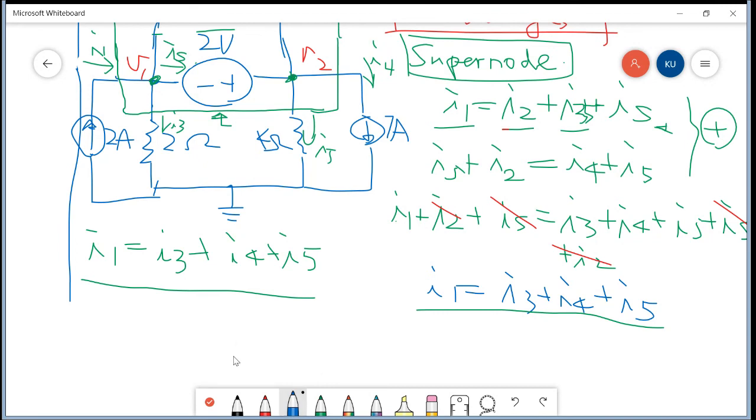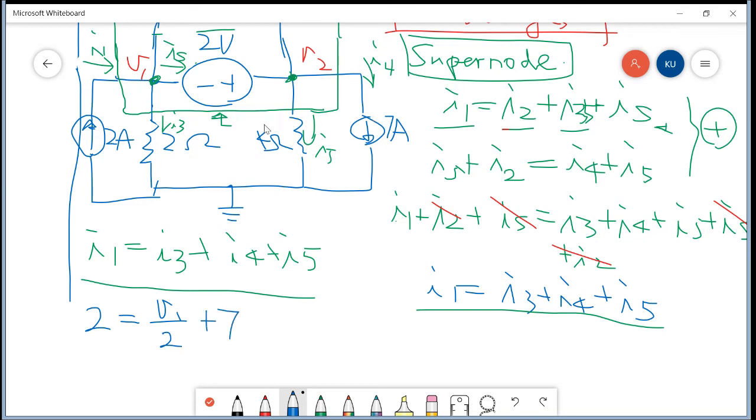So I1 is nothing but 2A. And for I3, V1 over 2. And for I4, V2, no, actually 7.